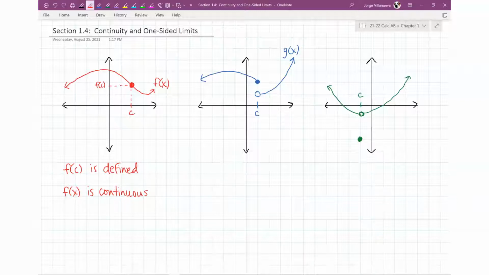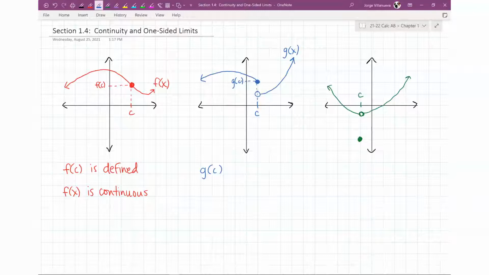Now, if you look at the blue graph, is g of c defined? Like, does it actually have an answer, g of c? Actually, it does. It may be disconnected, but g of c is right there.